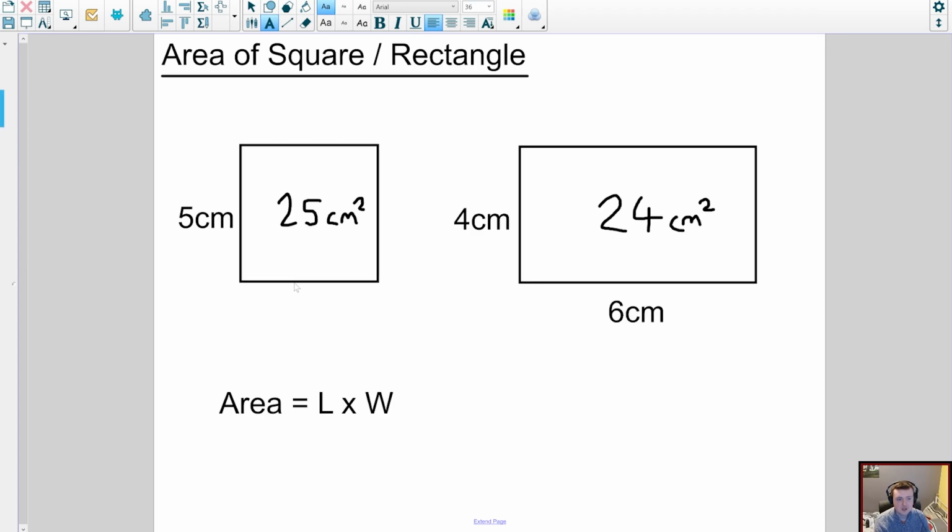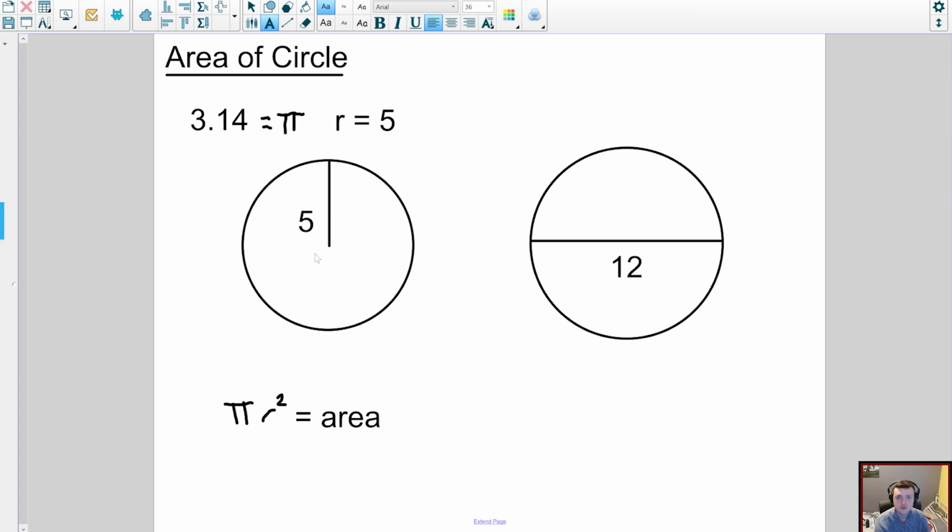The other side is 5. So 5 squared means 5 times 5 and not 5 times 2, which some people might think. So 5 times 5 is 25. So in this case, r squared is equal to 25. So our final answer is going to be 3.14 times 25 equals our answer.